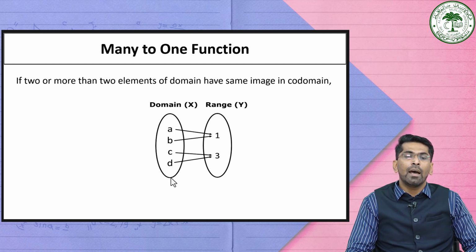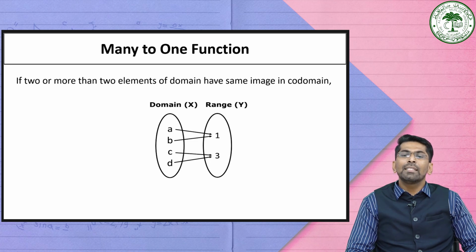A, B, C, D are the elements of the domain, and 1, 3 are the elements of the range. A and B share the common element 1 in the range, while C and D share a common element 3 from the range.